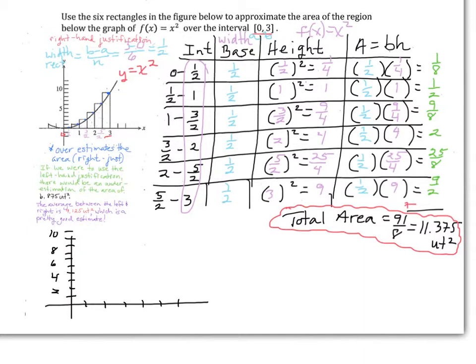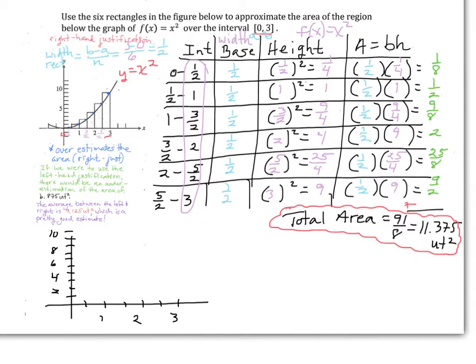Making mine just a smidgen bigger. We're only going to go to 3. And try to make this just a little bit bigger so that you can see it. This is my 1, this is my 2, and this is my 3.